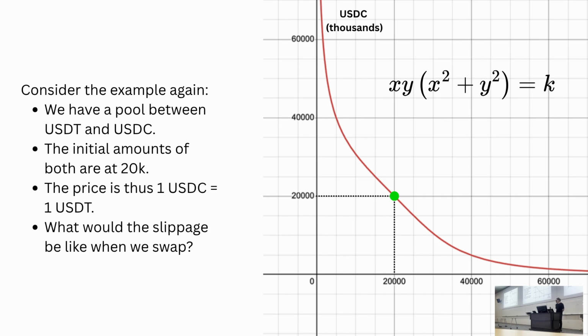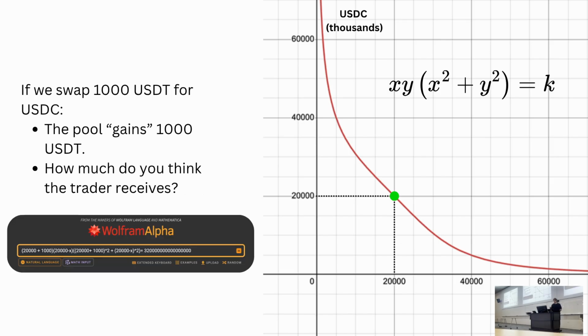So let's consider the example again. Before, when we had the USDC and USDT pool, our slippage was roughly 5% when we had 20K of both tokens and tried to swap 1,000 of one for another. Again, in this example, our initial asset amounts are going to be 20,000 of both, and we are going to swap $1,000. So if we swap 1,000 USDT for USDC, and you actually go ahead and find y prime, the amount of USDC you're going to get from the pool, how much do you think you're going to receive?